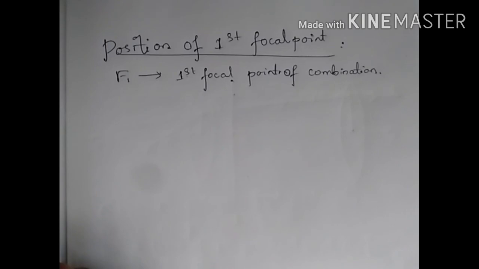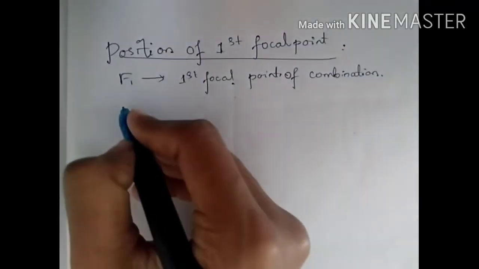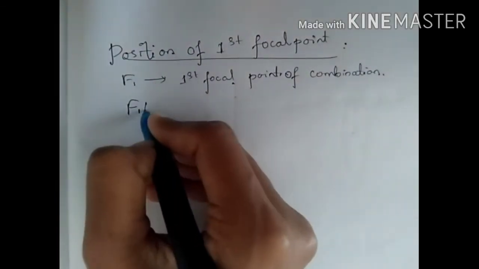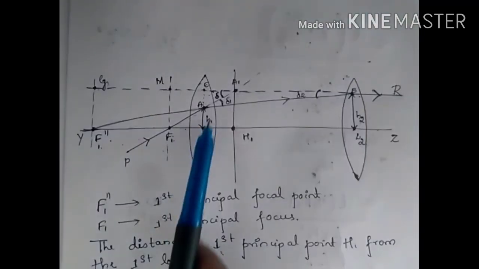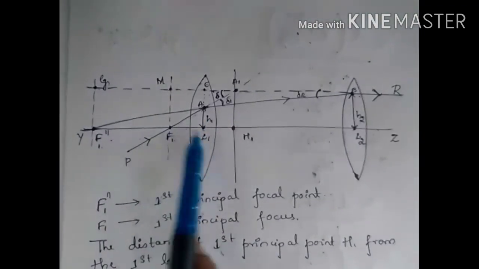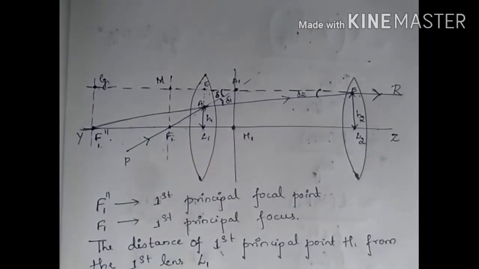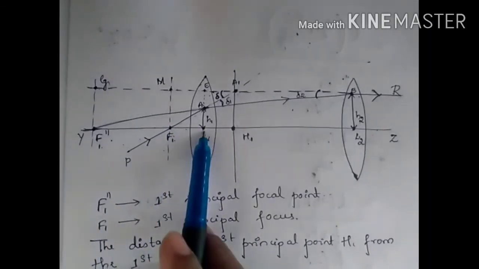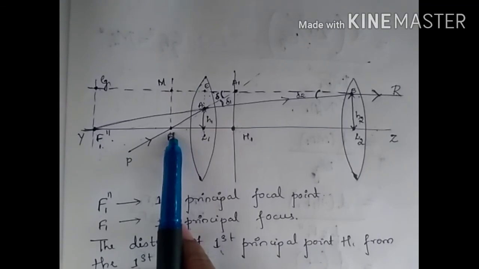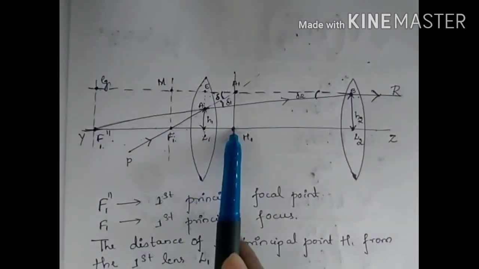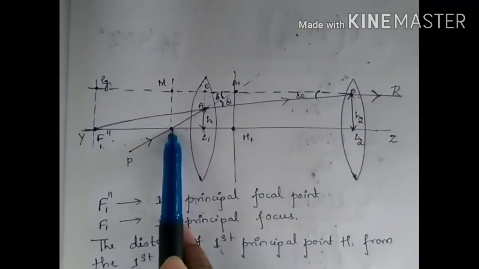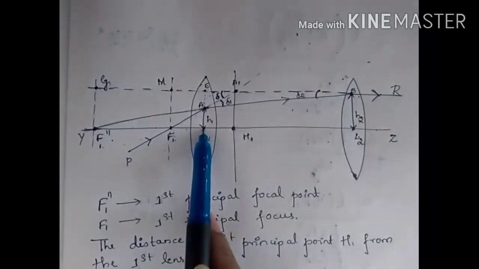So the magnitude of the distance of the first focal point from the first lens will be what? So that is F1. We are taking the magnitude. So this distance here, L1 F1, is the position of the first focal point. Now this L1 F1 is equal to H1 F1 minus H1 L1. We know H1 F1 and we also know H1 L1.